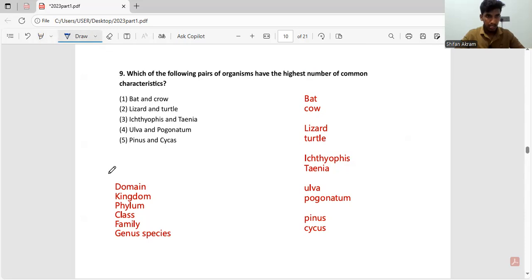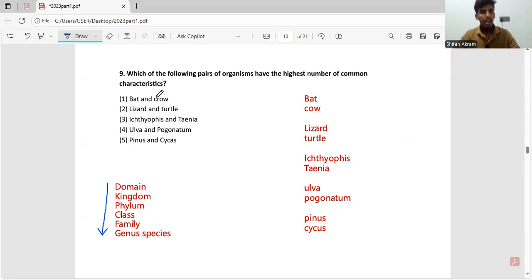For example, two organisms in the same class have more common features than two organisms in the same phylum. Again, two organisms in the same phylum have more common characteristics than two organisms in the same kingdom. So that's how it works.